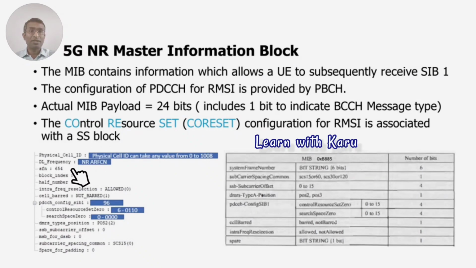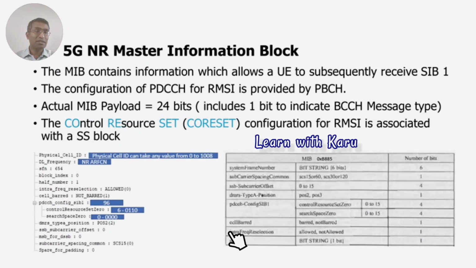So here, as you see, the SFN is nothing but the system frame number, which is 6 bits. And then it contains the intra-frequency reselection. Here, as part of the message, it's allowed, which is bit 0.